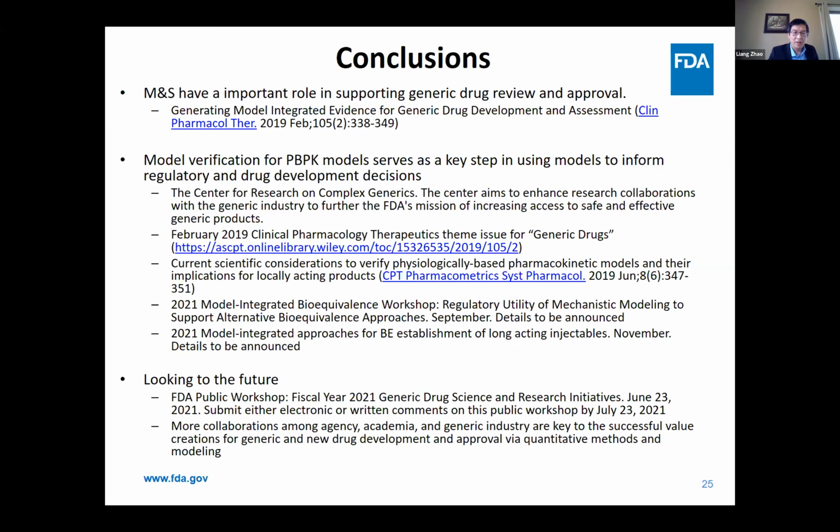And in June this year, we are going to have an FDA public workshop to solicit the public input regarding where are the knowledge gaps, where we can do further research to advance the field, to make models more useful and more impactful in terms of regulatory decision making.